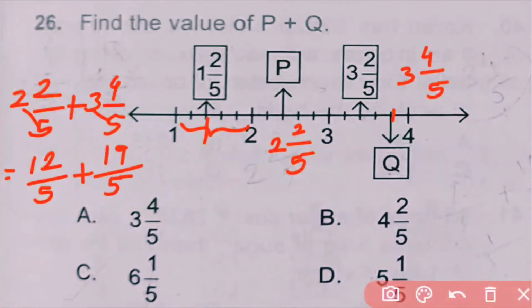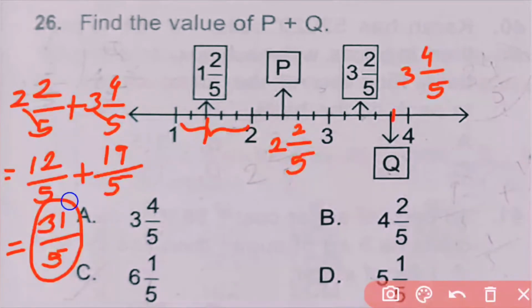Their denominators are the same, so we can directly add. Here 12 plus 19 is 31. Now we convert this into a mixed fraction. So 5 sixes are 30 and 1 remaining. So here C is the correct answer.